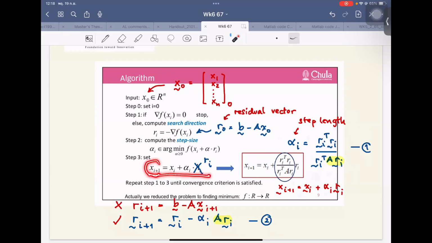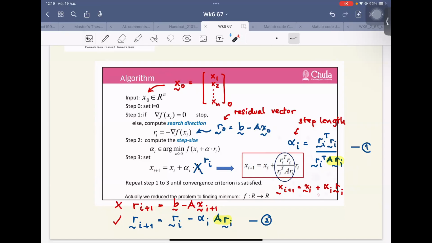The new solution is the current solution, the old solution, updated by the search direction and step alpha. Okay. And you continue until the convergence is satisfied.